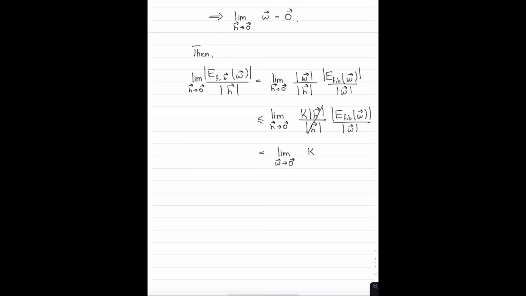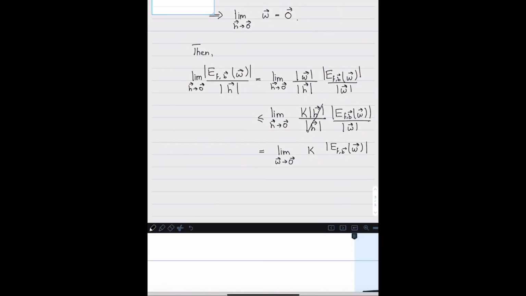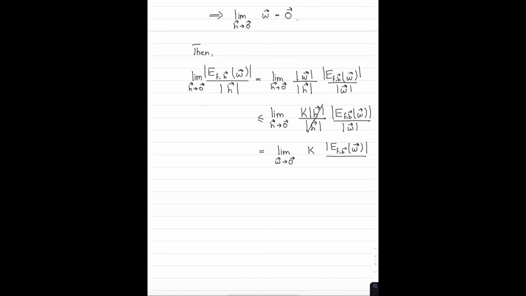And then I'm left with k times the norm of the error term, all of these vectors evaluated at vector w, divided by the norm of the vector w. K is just a constant, so that does not matter. If you ignore k for a second, we know that this term goes to 0 as f is differentiable at b. In this case, this just goes to 0, not the 0 vector.